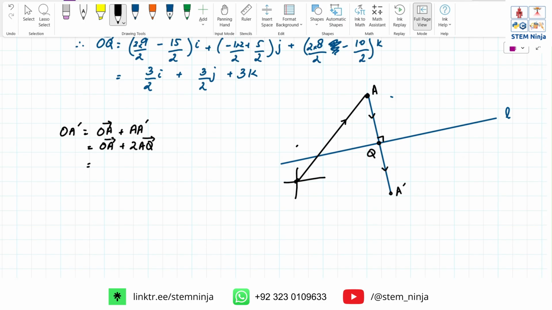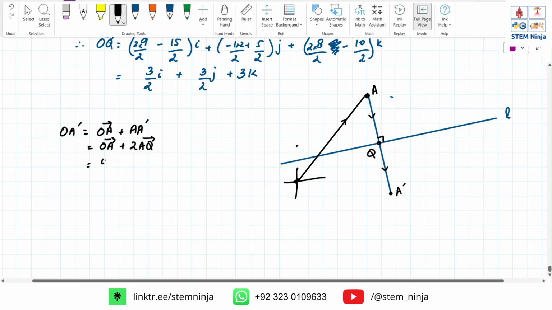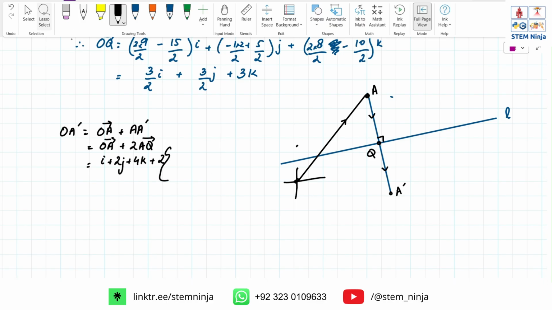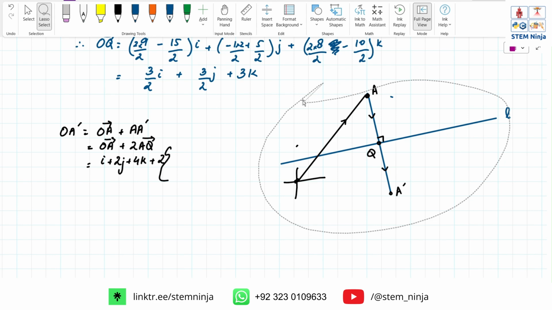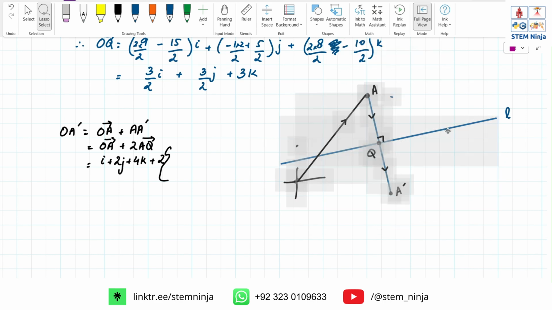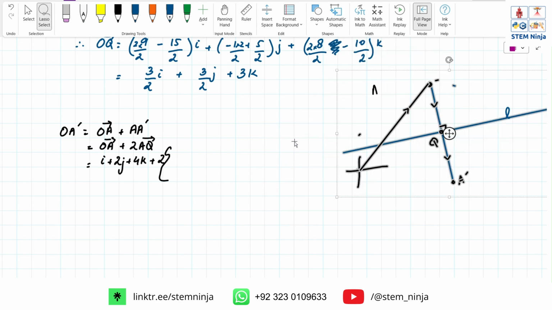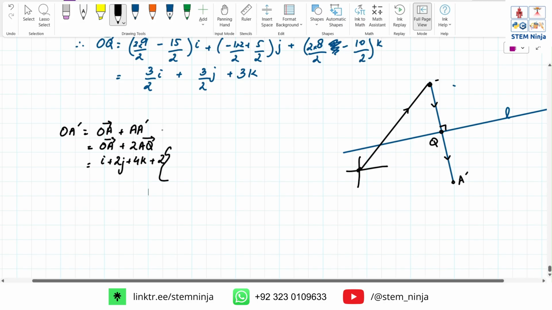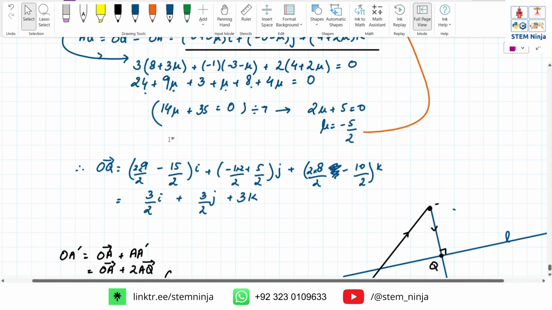So OA, that is I plus 2J plus 4K plus 2 times, sorry, my bad, because we needed space to write the parametric form of AQ.